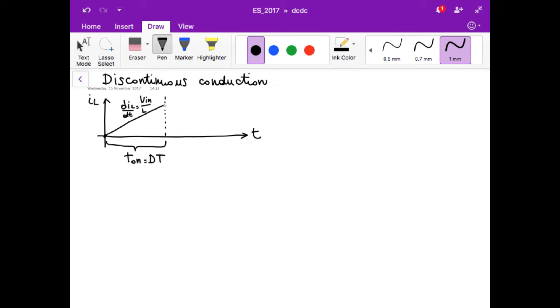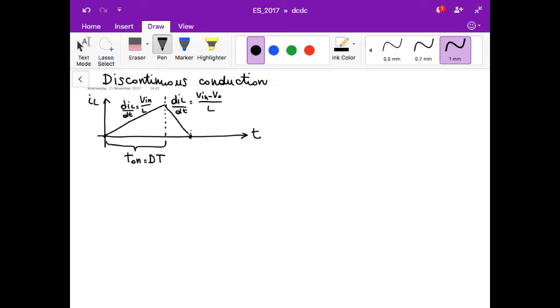Okay? Then we have a negative slope, during which the current has a derivative that is equal to V in minus VO over L. We have already discussed this. But now we are not at the end of the period.